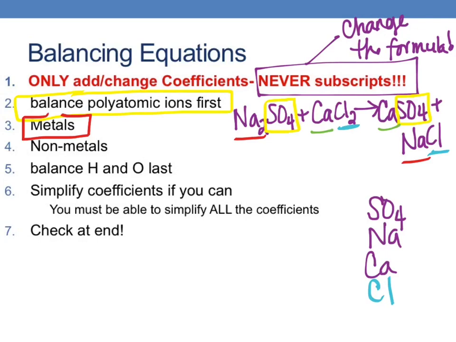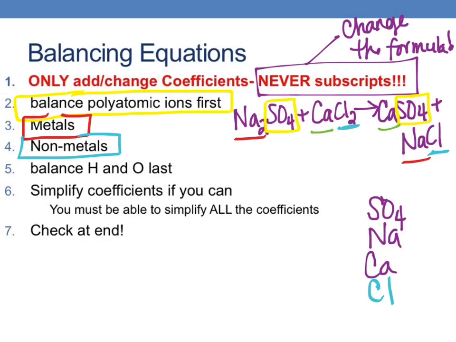If I have some H's and some O's in there, then I'm going to put those next. But in this equation, we do not have any H's or O's that are not hooked with something else. So if we had H or O, we would put it next.